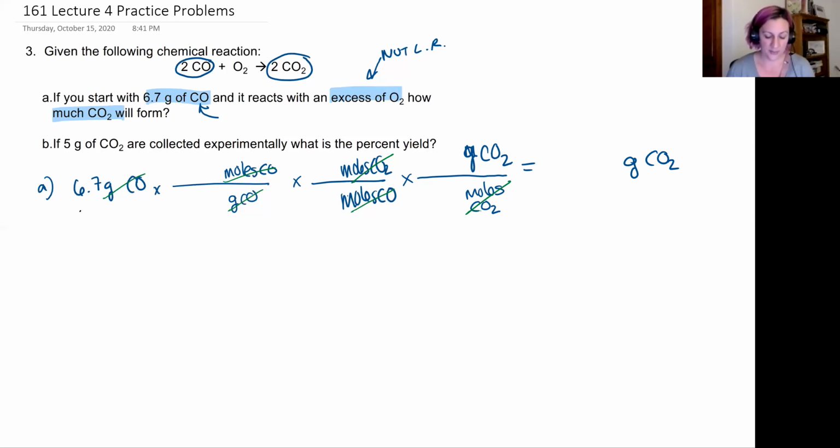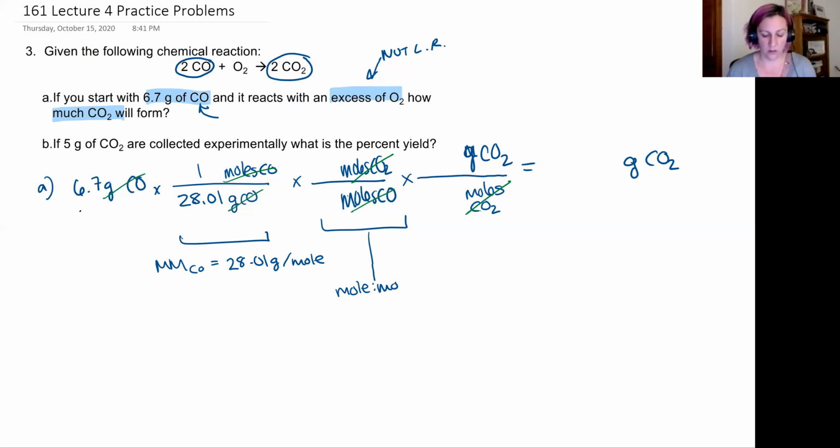So grams and moles, this is going to be the molar mass of carbon monoxide, which is 28.01 grams per mole. So I'll put in my 28.01 grams for every 1 mole in my conversion factor. Now my next one is going to be a mole to mole ratio, which I'll pull from my coefficients.